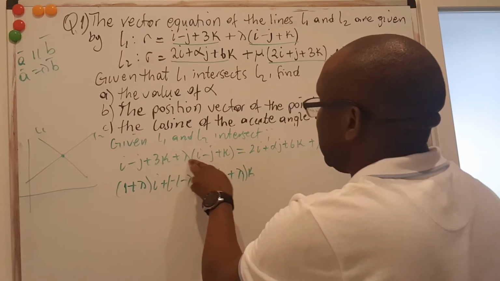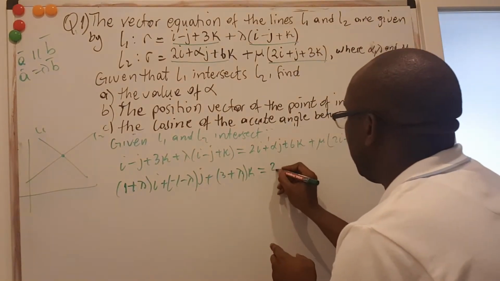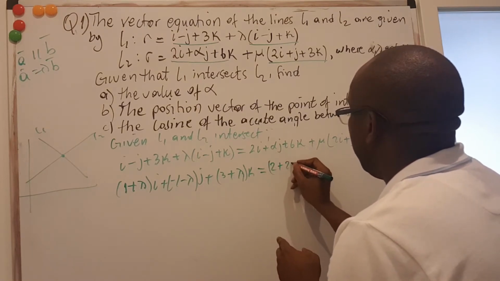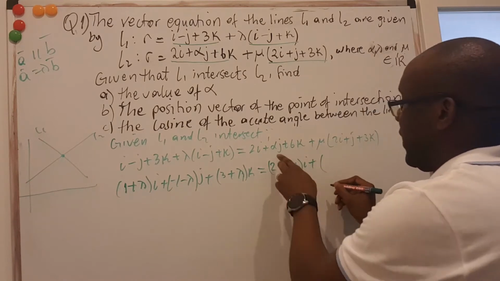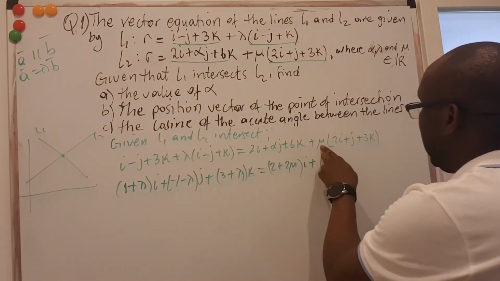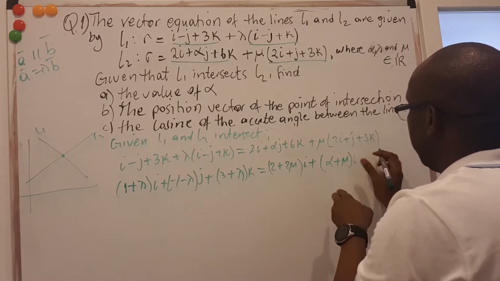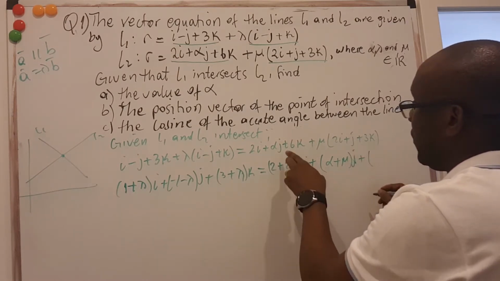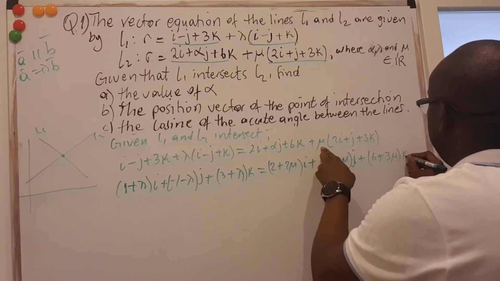K is outside: 3 plus lambda, because this is lambda times 1. This should be equal to, I do the same thing here. 2 plus 2 mu, 2 times mu, i, plus alpha plus mu times 1, which is just mu, j, plus here 6 plus 3 mu, k.